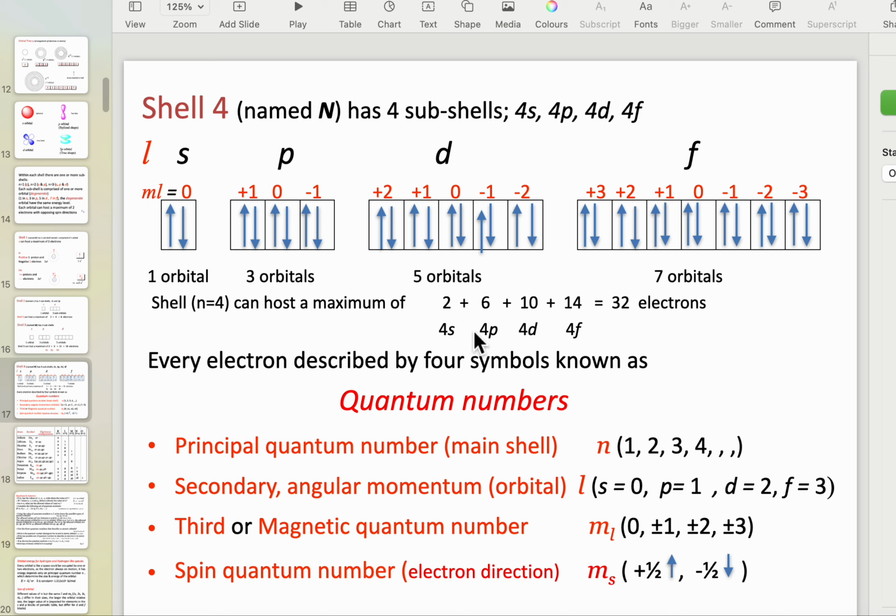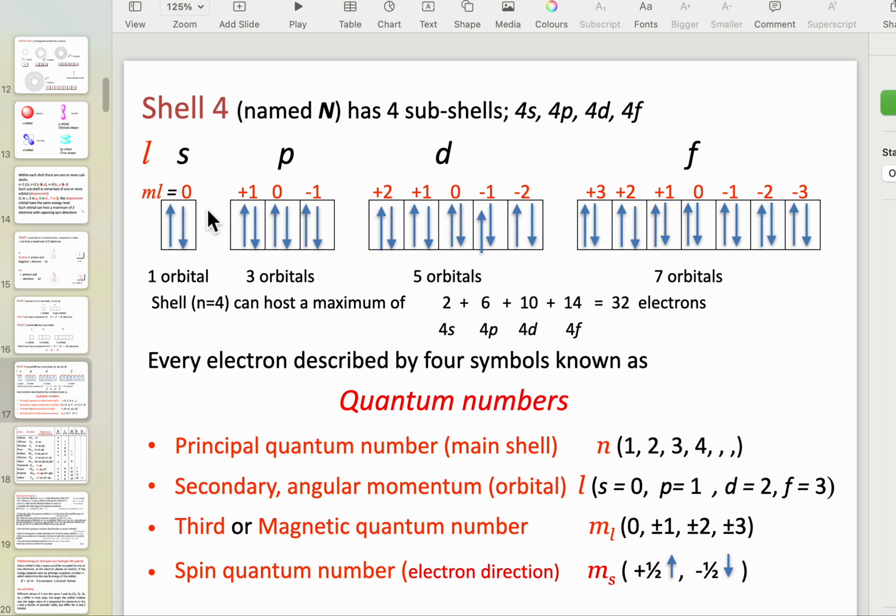Now we come to shell number 4, named N. It has 4 subshells: 4s, 4p, 4d, 4f. The orbitals are S, P, D, F. We can put them as squares or blocks.